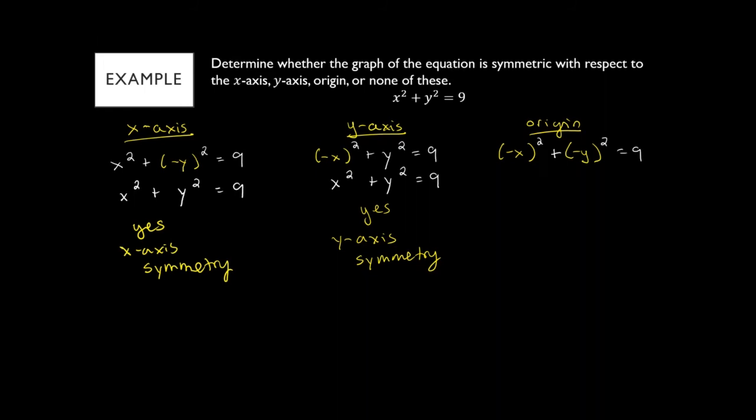When you square negative x, the negative cancels, so we're left with x squared. We square the negative y, that cancels, we're left with y squared, and we got the same equation. And so this tells us that we also have symmetry across the origin. We don't usually say origin symmetry. We'll write it as symmetry across the origin.